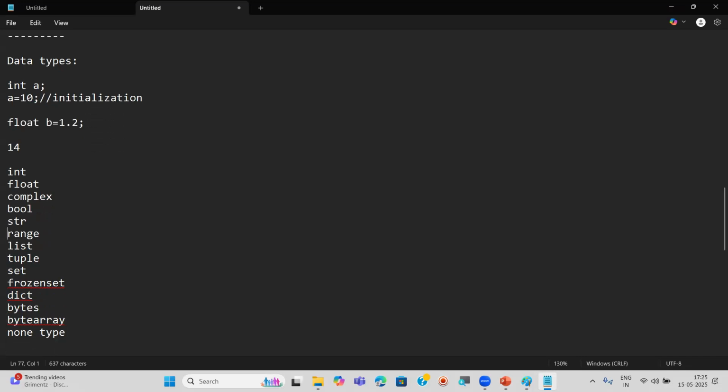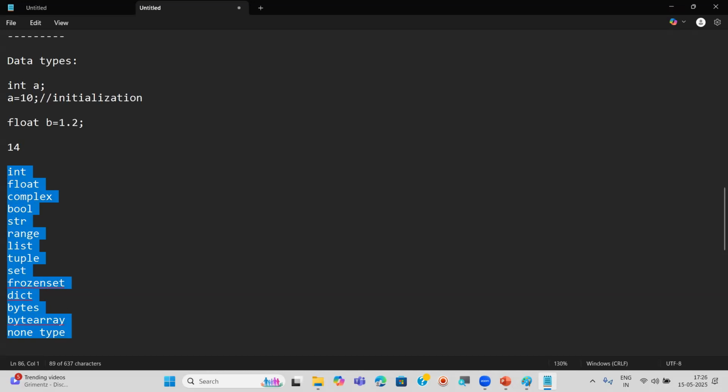Yes or no? These are the 14: int, float, complex, bool, string, range, list, tuple, set, frozenset, dictionary, bytes, bytearray, and NoneType.